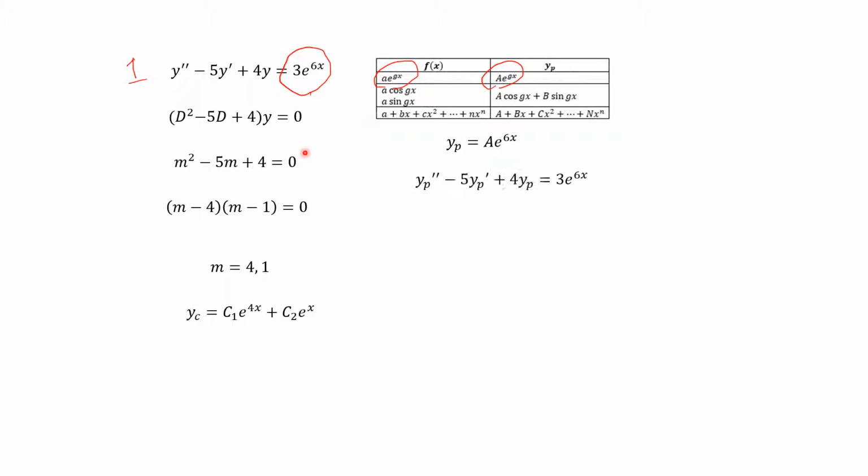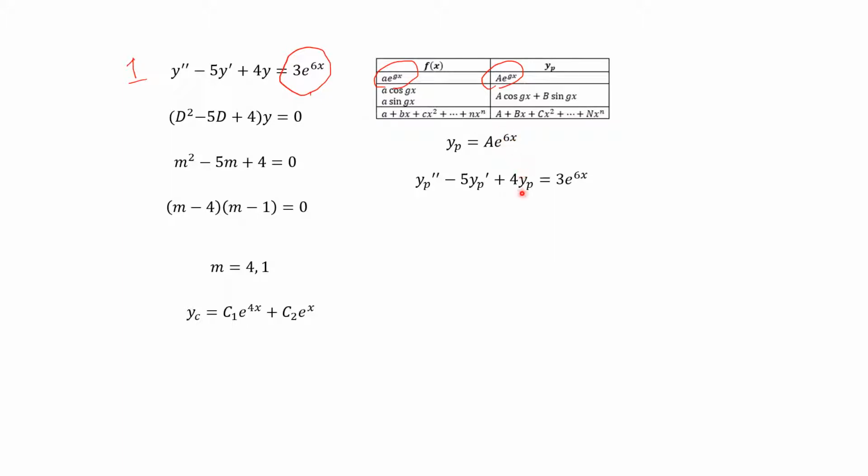Now the next step is this must satisfy this differential equation. You notice that I put p here because we're going to find the value of a based on this equation here. So you put y_p double prime minus 5y_p prime plus 4y_p equals 3e to the 6x.